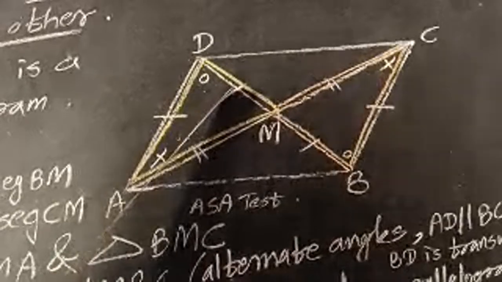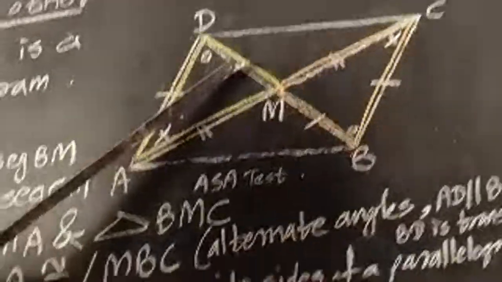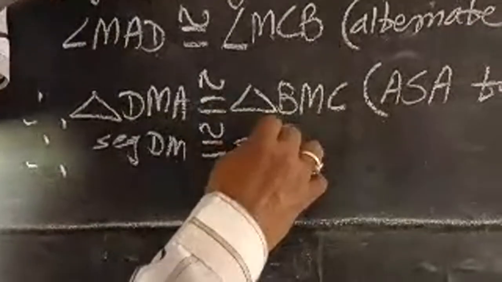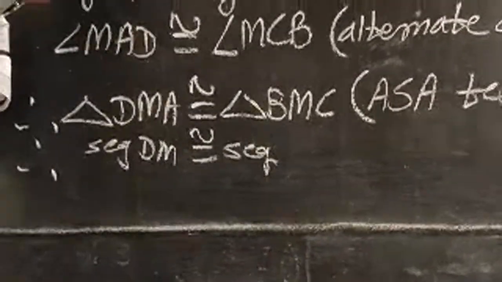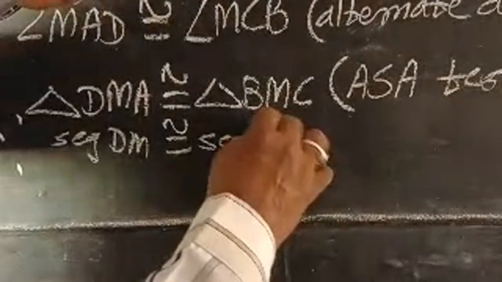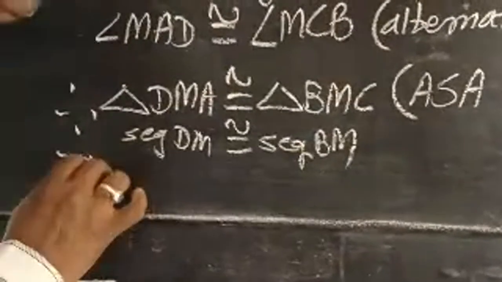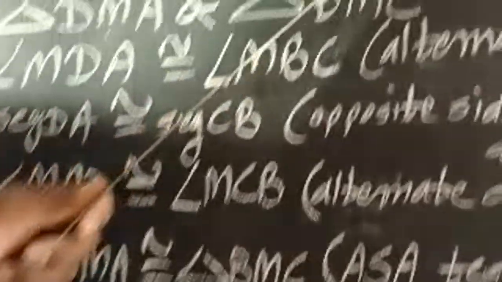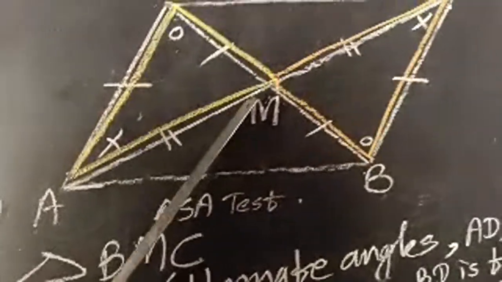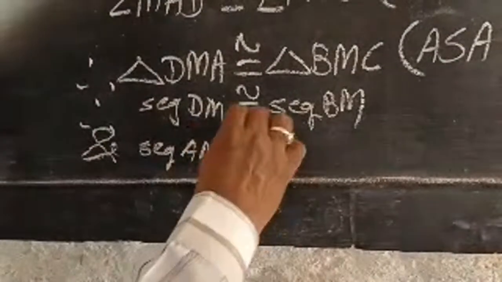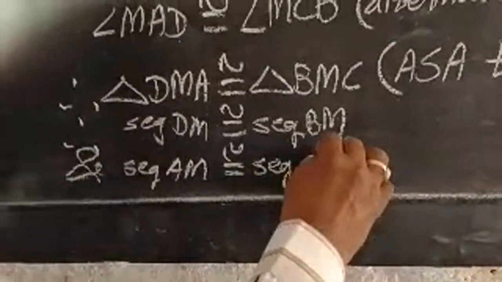First is segment DM congruent to segment BM, good. And segment AM congruent to segment CM.